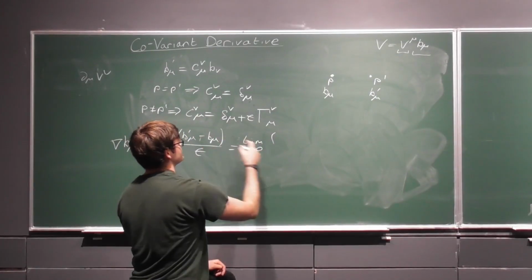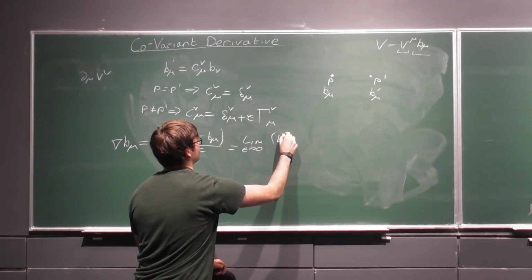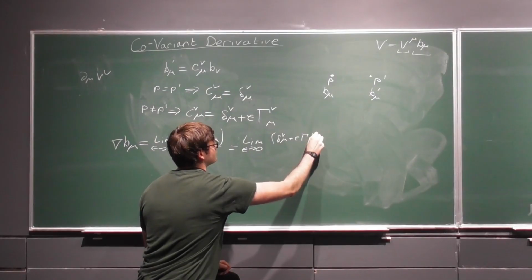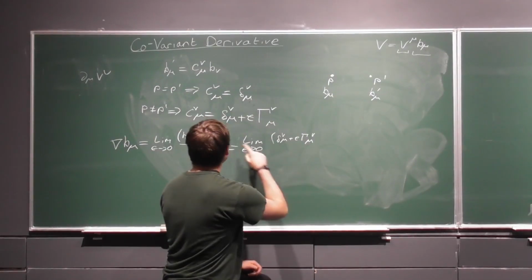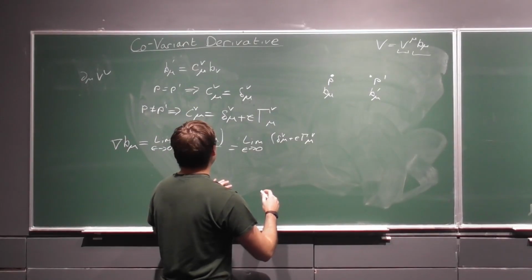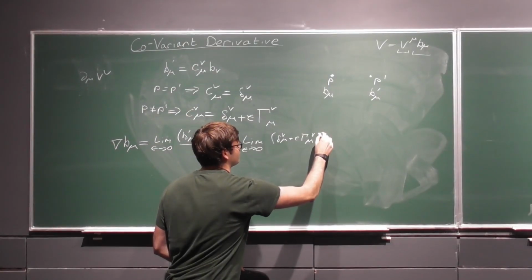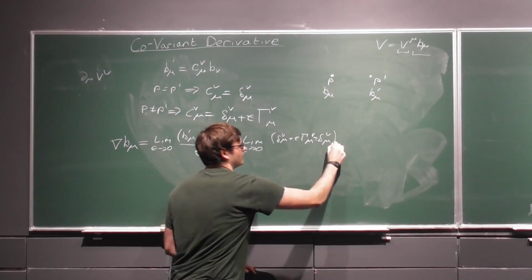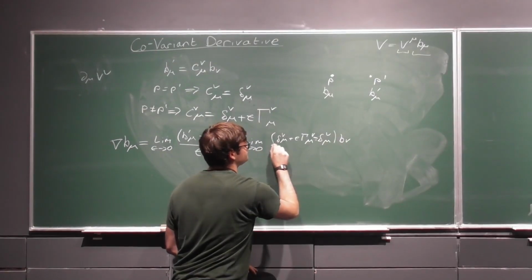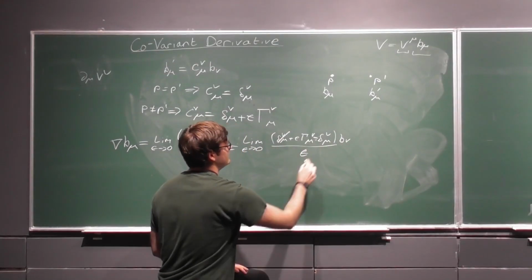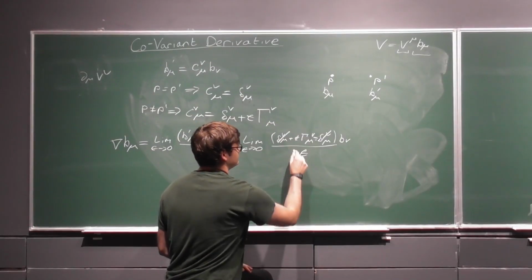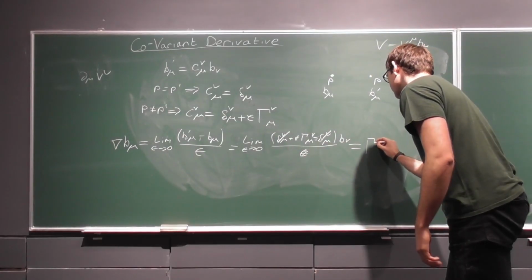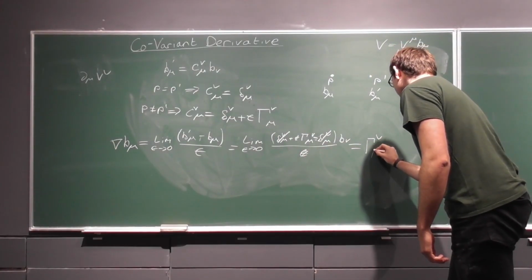Then this is just this one here, the different one, plus epsilon times the matrix, and then this one is going to be the same as that, but there's a minus in front. That's all times b nu over epsilon. So what we can see is these deltas cancel, these epsilons will cancel, and we're just left with that little bit of a matrix there, this capital gamma I've used.